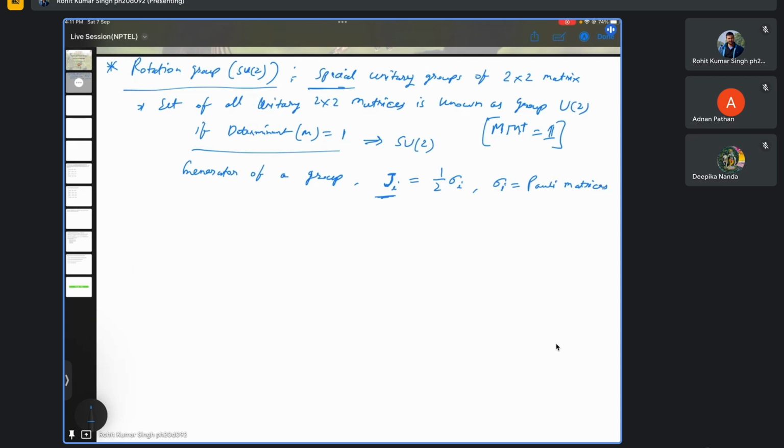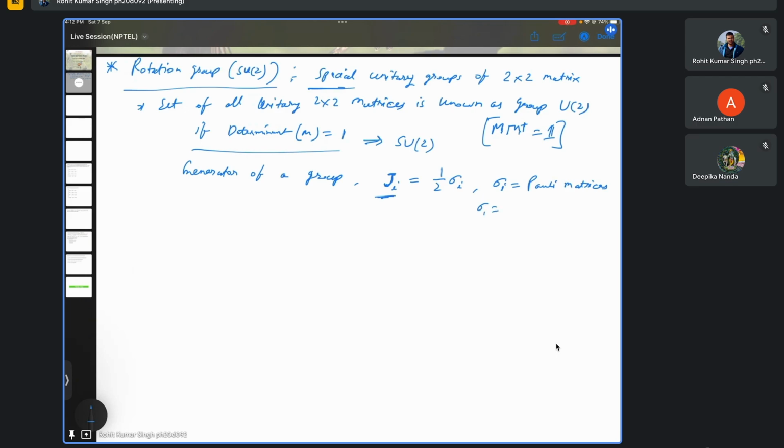Now these Pauli matrices you must have seen while studying quantum mechanics. They are given as follows.